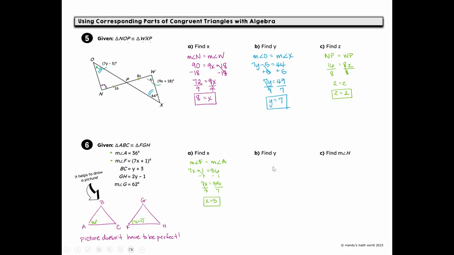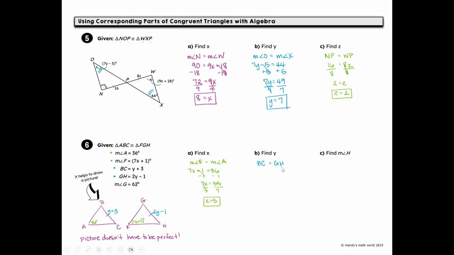Next, we want to find the value of Y. I can see right here are the two expressions that contain y. BC is y plus 3, that's right here, and GH is 2y minus 1. Those are congruent sides, which means their side lengths are the same.